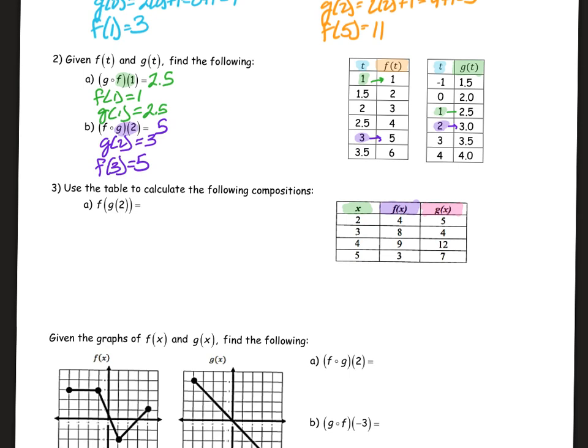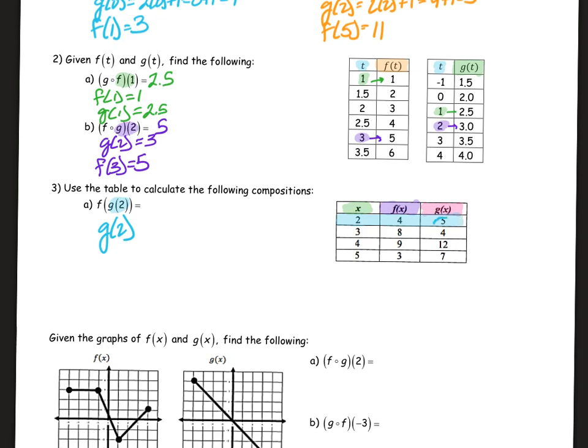So we're going to do the same thing. We're going to find g of 2 first. So where is 2 on my x's? It's right here. Okay? So I want to look at this row. And if you notice, I'm looking for g.